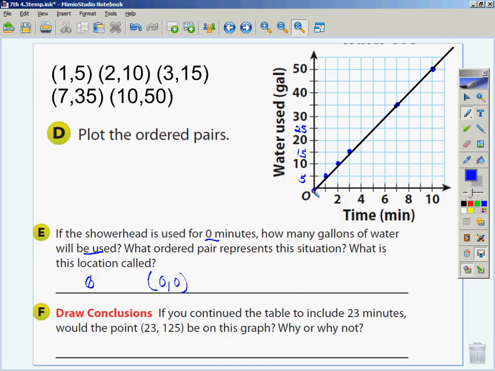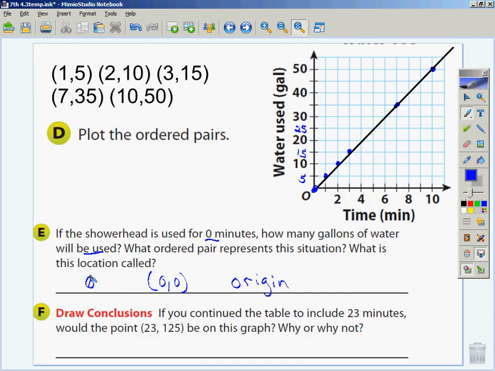What is that ordered pair called? It has a special name, the ordered pair 0, 0. Does anybody know? It's called the origin.